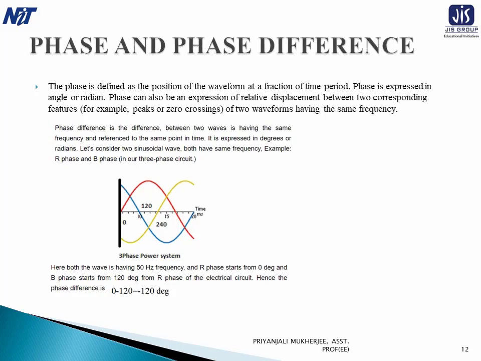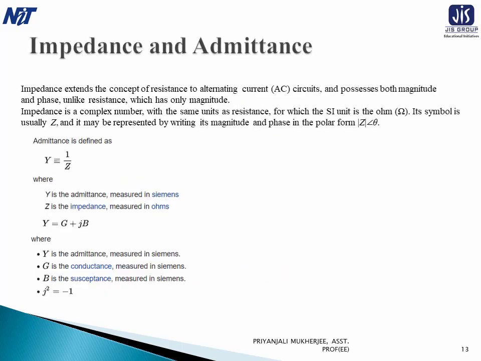In this way we can calculate that the yellow one is 240 degrees before, so it will be minus 240 degrees difference. That means the phase difference between the blue and the red is 120 degrees. The phase difference between the yellow and the red is 240 degrees.